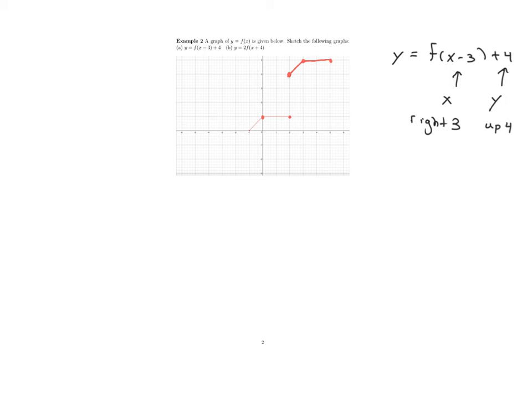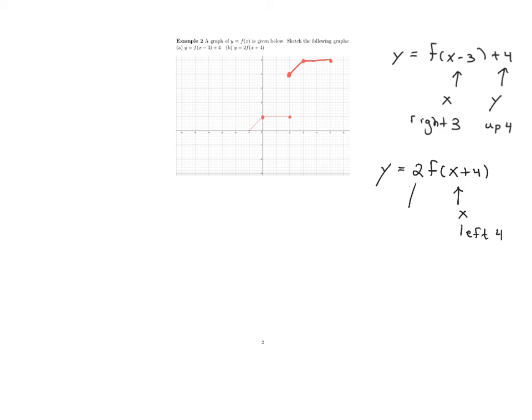Now if we do the same thing for b, that is y is equal to 2f of x plus 4. Now something different happens in this example. I know that we're changing the x's, and since it's this plus 4, I know it's actually going to be left 4 places.